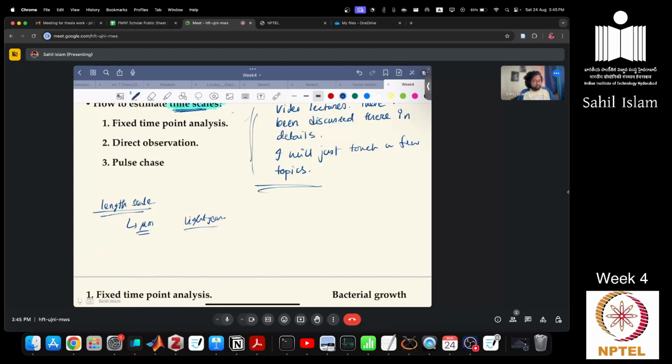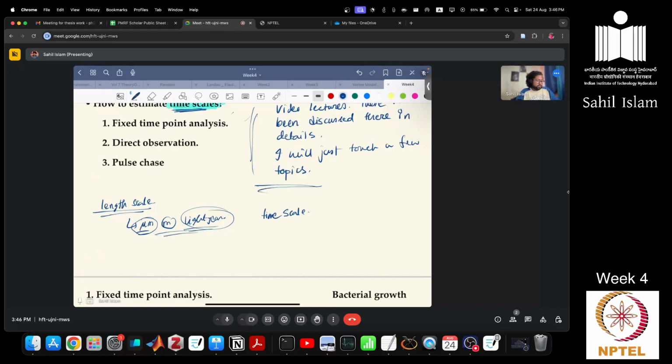So if I say the length scale is in micrometers, meters, light years or billions of meters, you know how big things are and how far one thing is from another. Same thing with time scale.